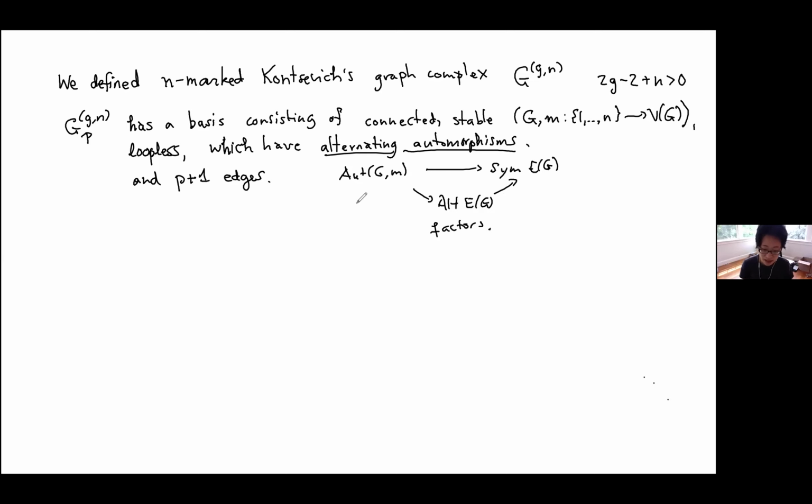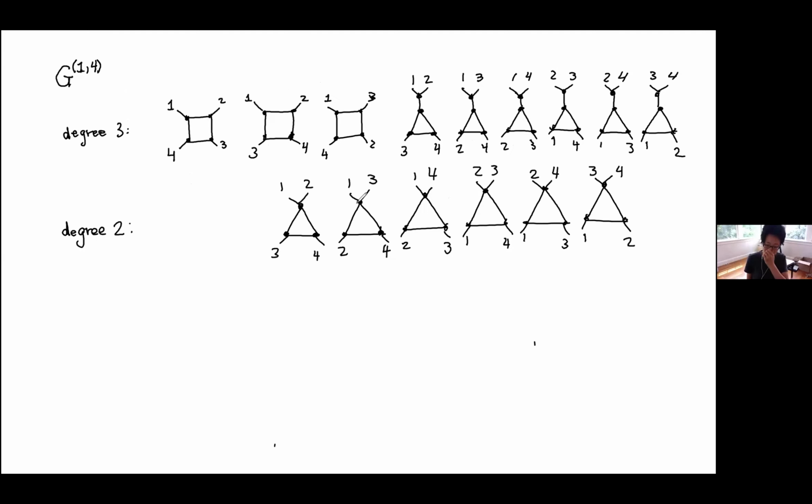So if you did the problem set, then you saw the following. So here's our example of the graph complex G^{1,4}. I haven't written in the differential, but if you did the problem set, then you would have encountered this graph complex as an example. Here you see that it has dimension 9 in degree 3 and dimension 6 in degree 2.